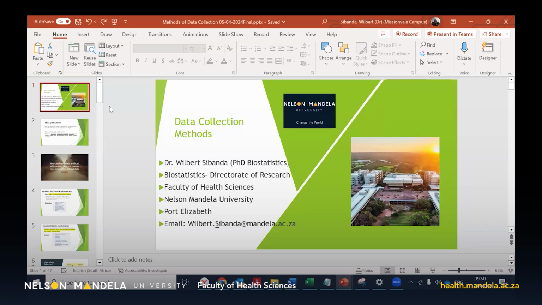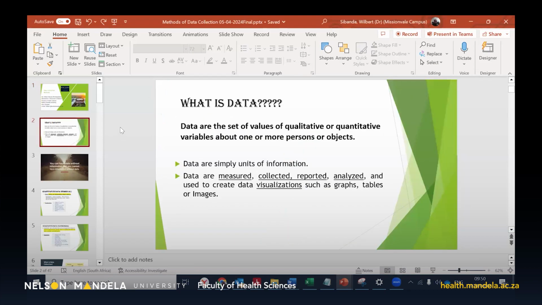Now data collection methods. Again here, what are we looking at? We all know what data is. Data is a set of values of qualitative or quantitative nature, variables about one or more individuals or objects. That is what data is. And data are simply units of information.